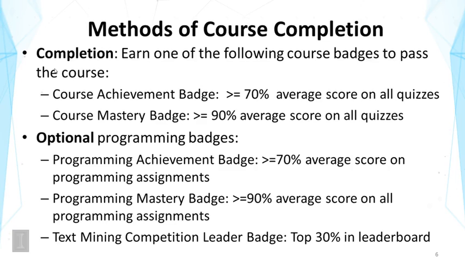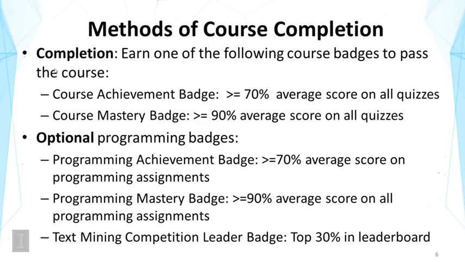To earn that, you have to have at least 70% average score on all the quizzes combined. It doesn't mean every quiz has to be 70% or better. The second badge listed here is a course mastery badge, and this just requires a higher score, 90% average score on all the quizzes.